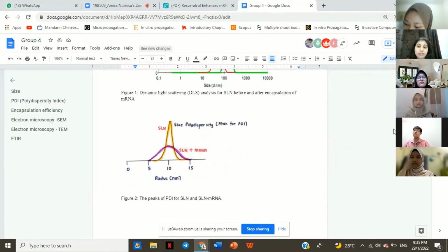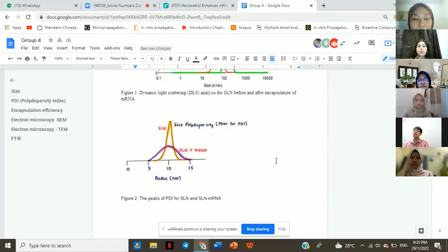When you put a small amount of mRNA, one group of samples will have mRNA, while another will have empty nanoparticles without mRNA because we didn't put enough mRNA. So there will be a high PDI. High PDI means a variety of sizes, larger and smaller together. Larger because we have solid lipid nanoparticles along with mRNA, and smaller because we have only solid lipid nanoparticles without mRNA. So in figure 2, you can see a broader peak for solid lipid nanoparticles along with mRNA. That indicates that the PDI is high.